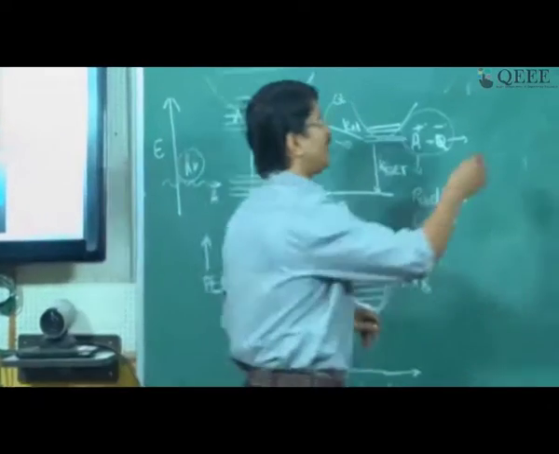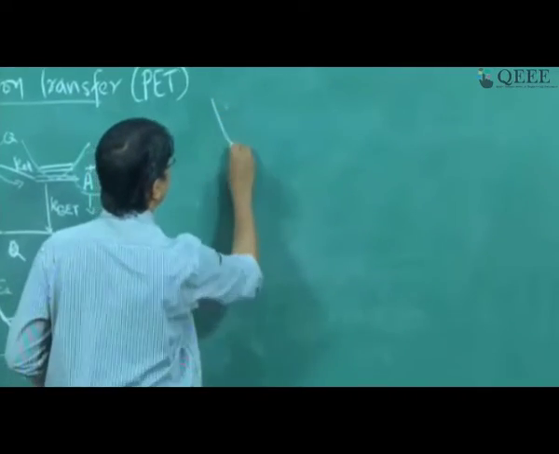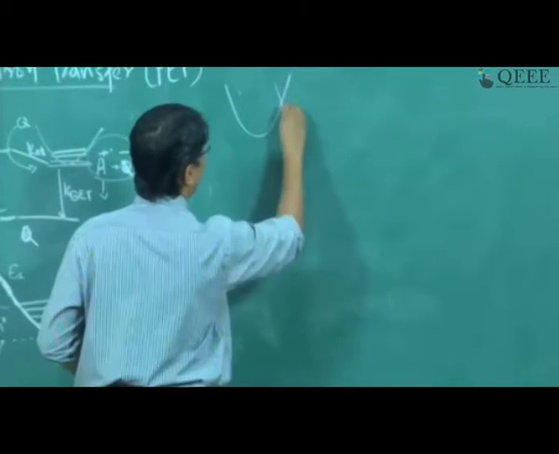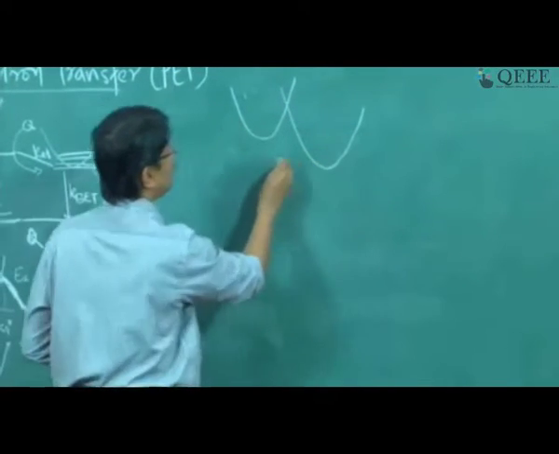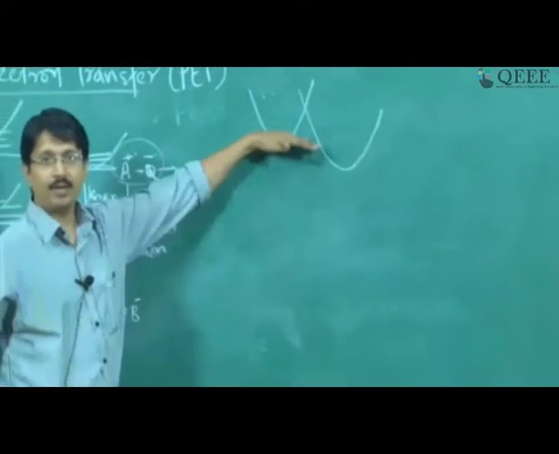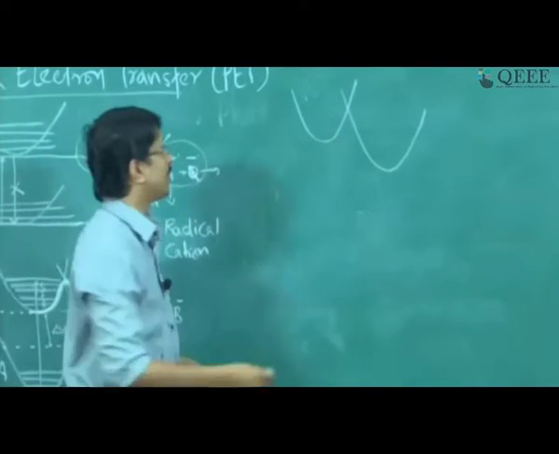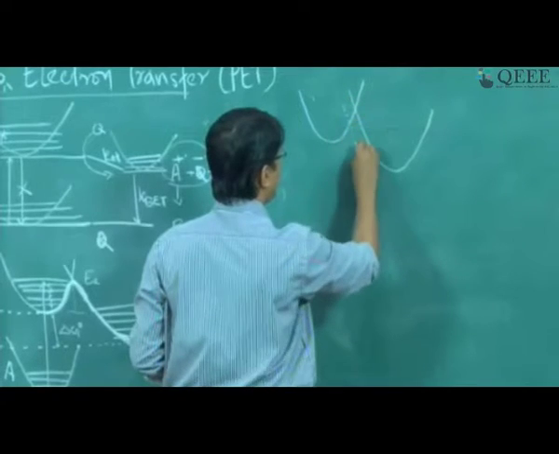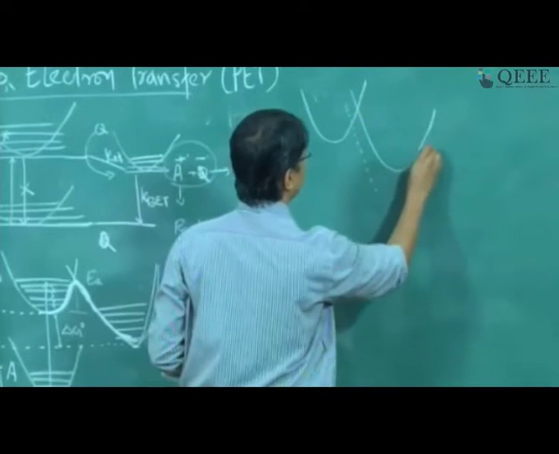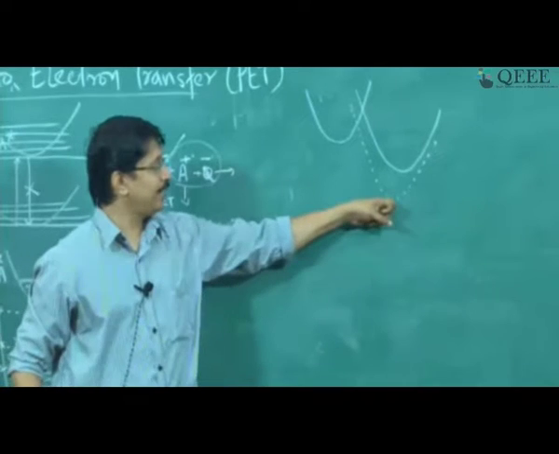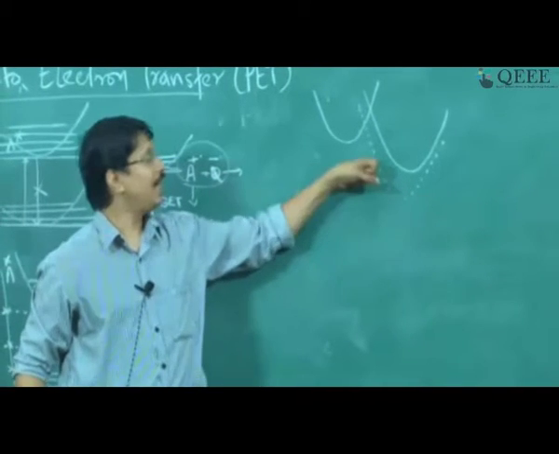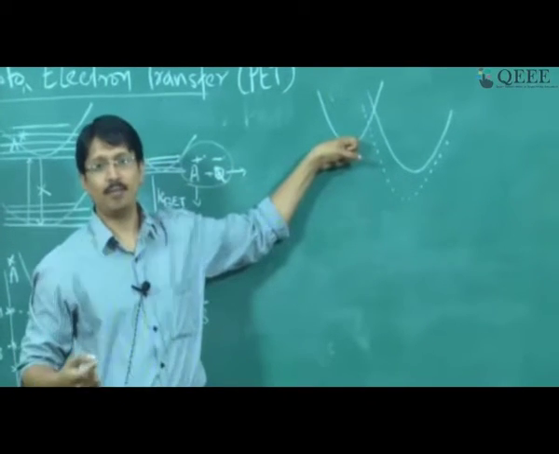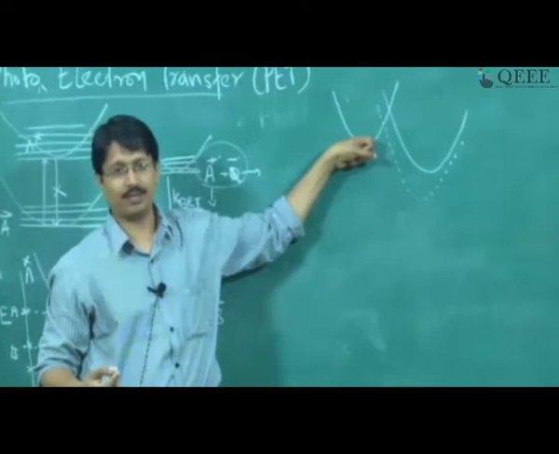In other words, I can draw it here. So one is here, I initially draw here, there will be some difference, and this difference is given the delta G. If I want to decrease it further, I will pull it down. So I am going to draw another one. So now if I take the difference between this point and this point, obviously I will have a more negative delta G value.